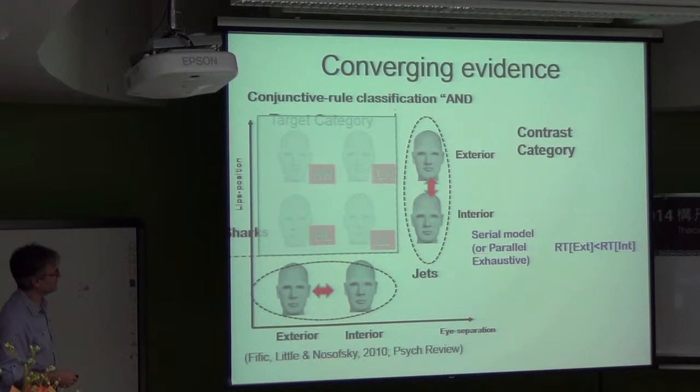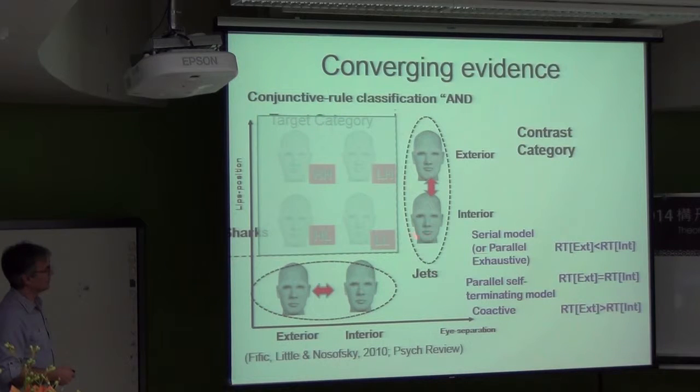In matter of fact, this is what is predicted, in certain conditions, that reaction times when we compare exterior to interior will indicate a serial model, parallel exhaustive, they're equal, a parallel contributing model, and if they're coactive, it indicates coactive processing. So comparing these two could also be used as another indicator of underlying processing.